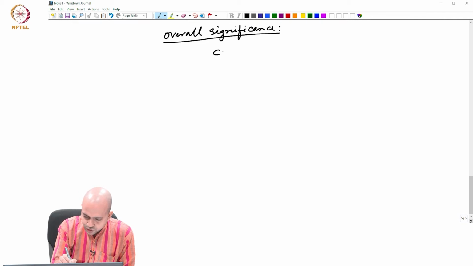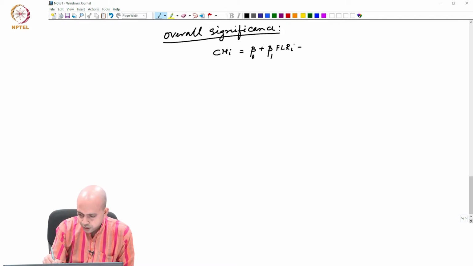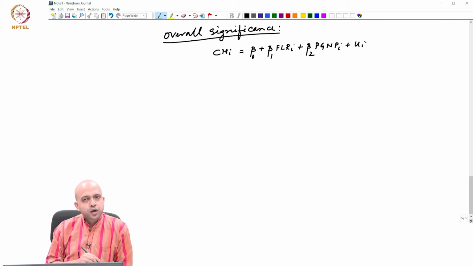So, when we are running this model, child mortality rate equals beta 0 plus beta 1 FLR plus beta 2 PGNP. This is our model.